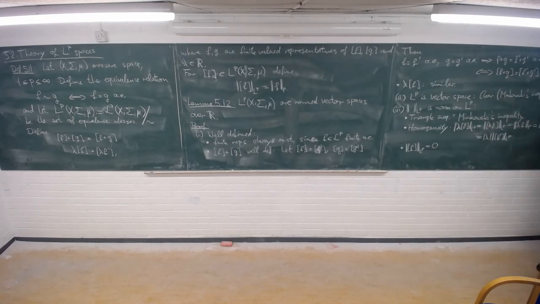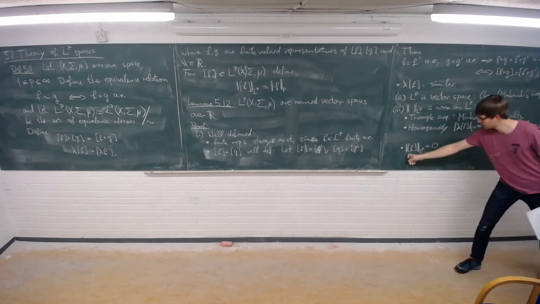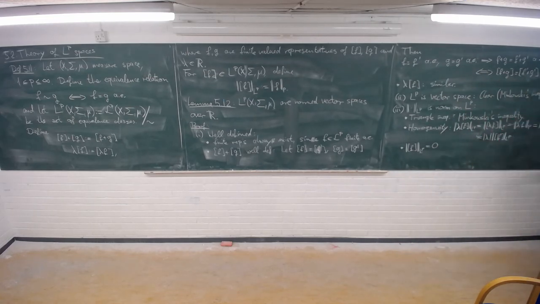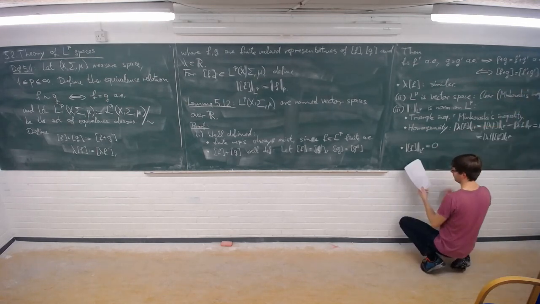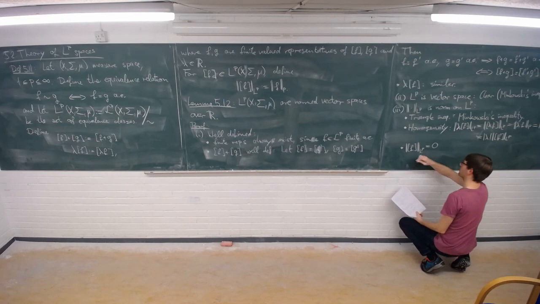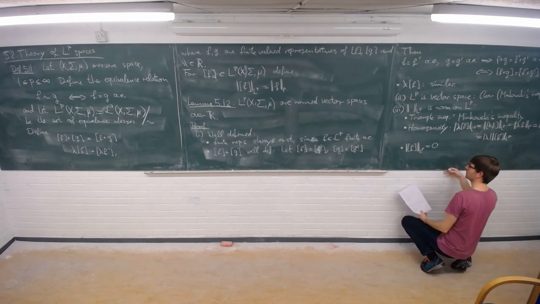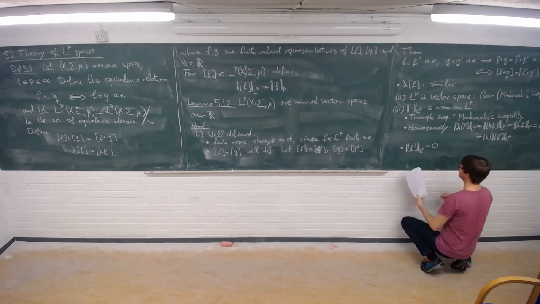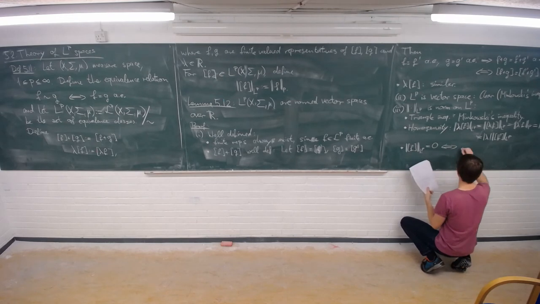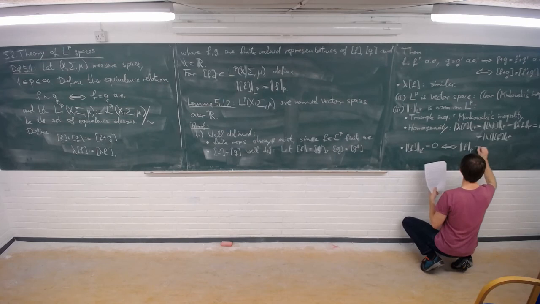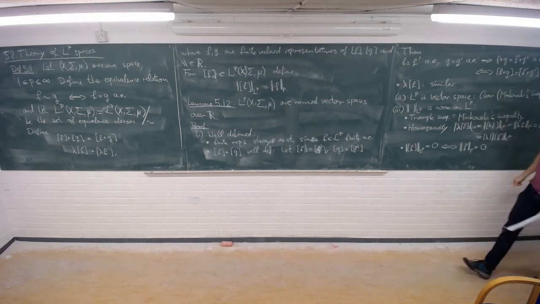If the LP norm of this equivalence class is 0, then the class itself has to be 0. Well, the norm of the equivalence class of f being 0, by definition, is the same as the p norm of f being 0.